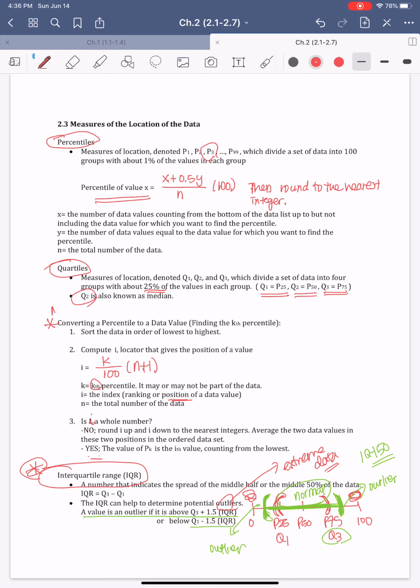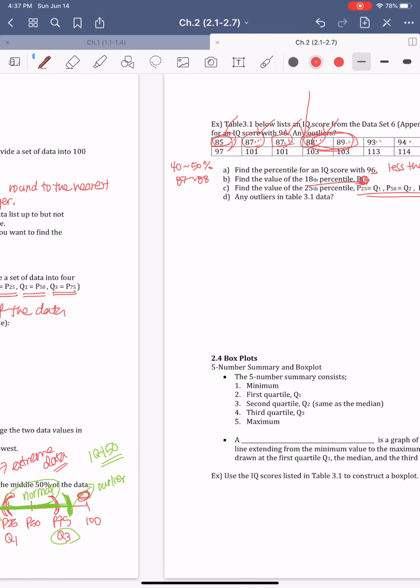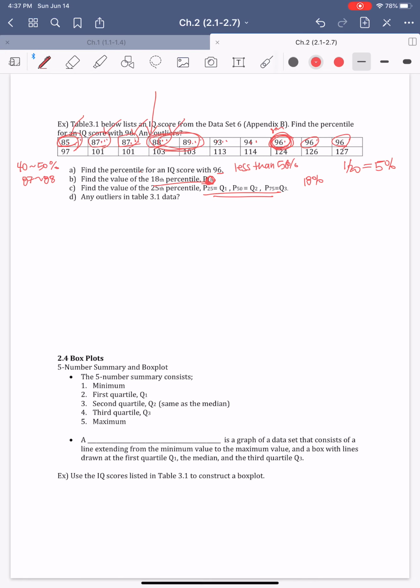Note: quartiles may or may not be part of the data. So for 50%, you know it has to be right in the middle position. If there are 20 data values, where is the middle value located?